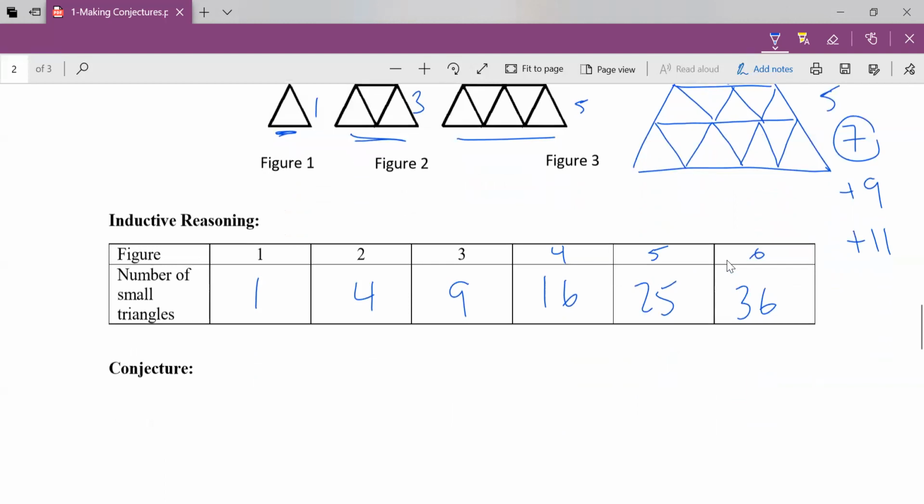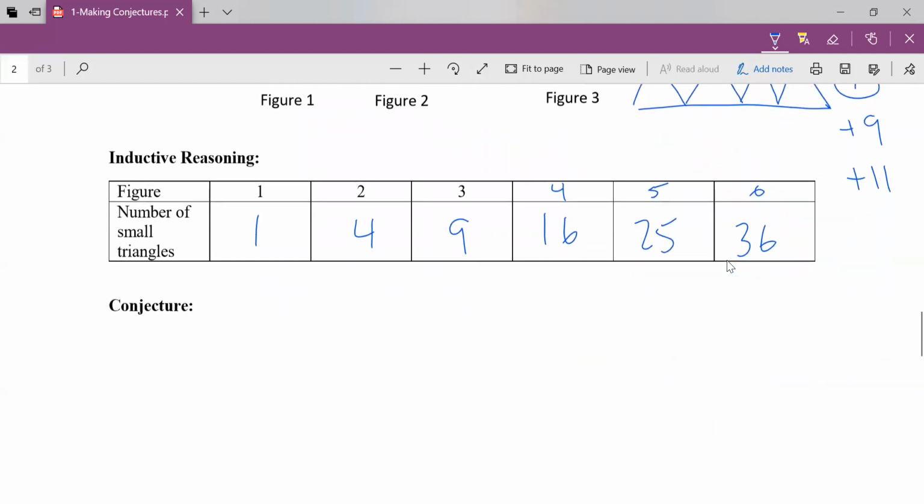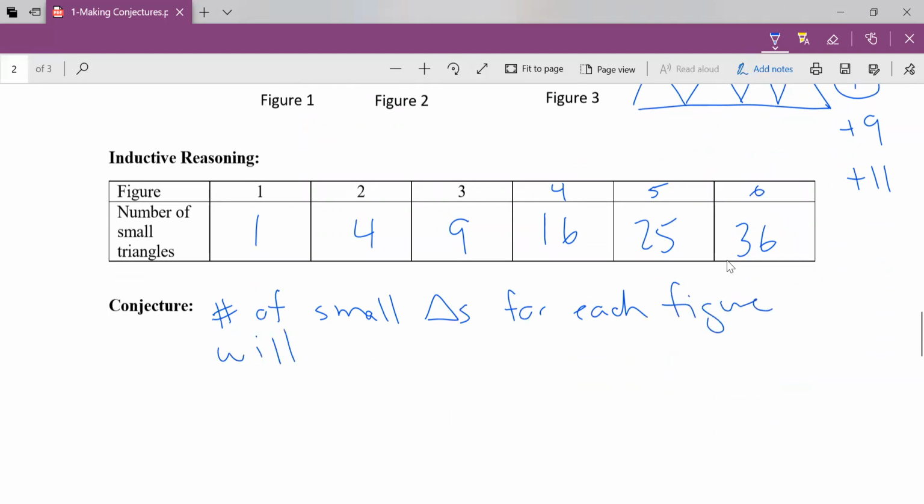So my conjecture is that the number of small triangles for each figure will end up being a perfect square.